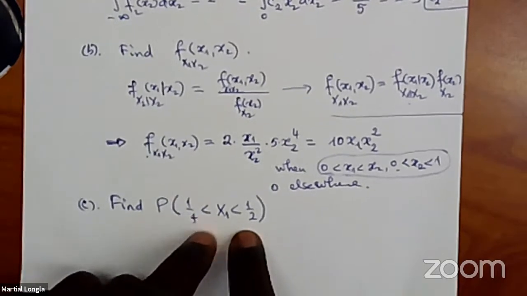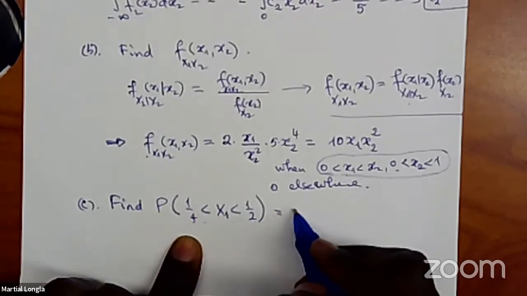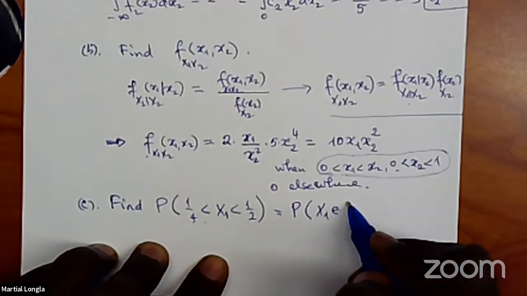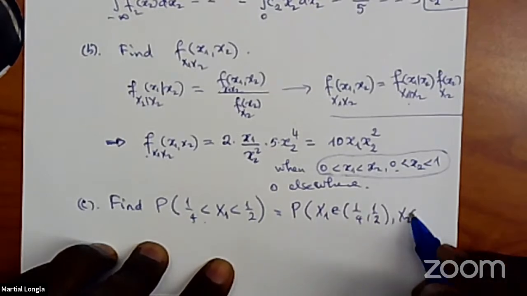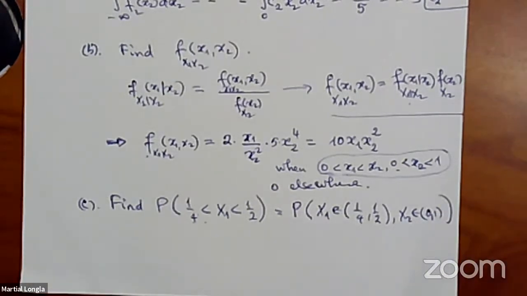Put this in that region, because this is actually the same as the probability that x1 belongs to (1/4, 1/2) and x2 belongs to (0, 1). When you're interested only in x1, it means that x2 varies throughout its entire range, from 0 to 1, and therefore this probability will be exactly equal to that.